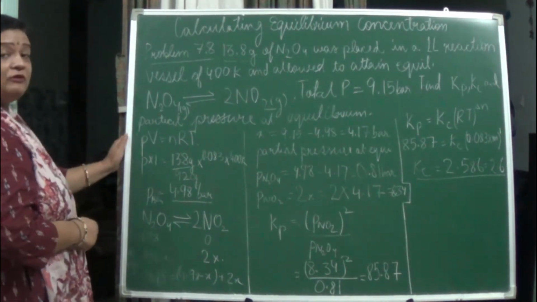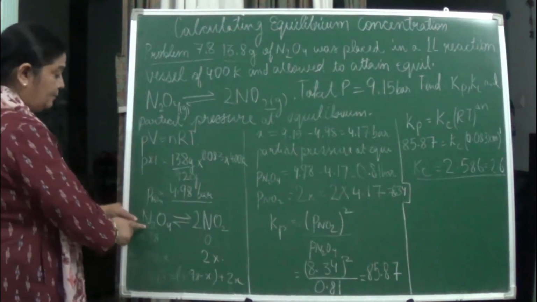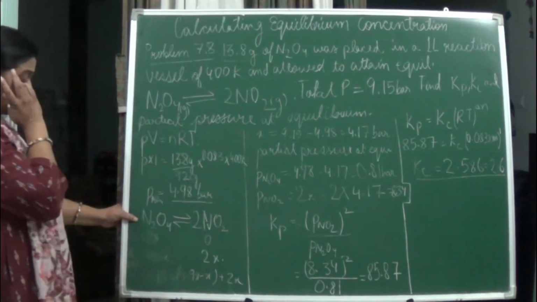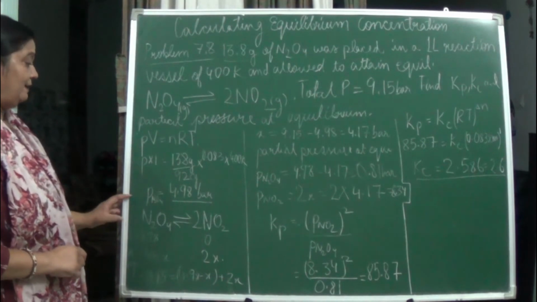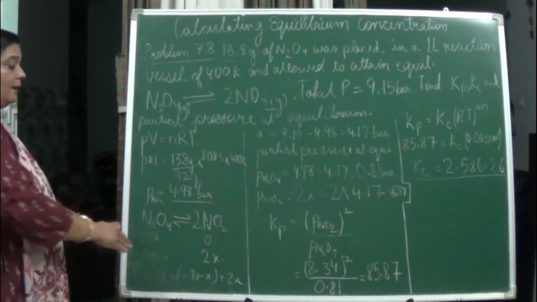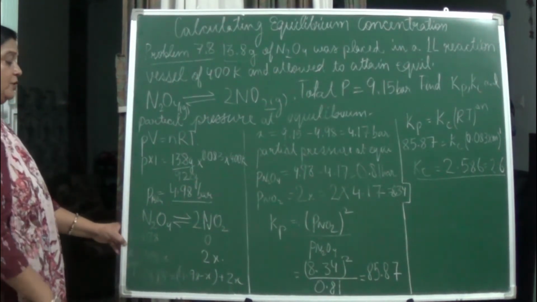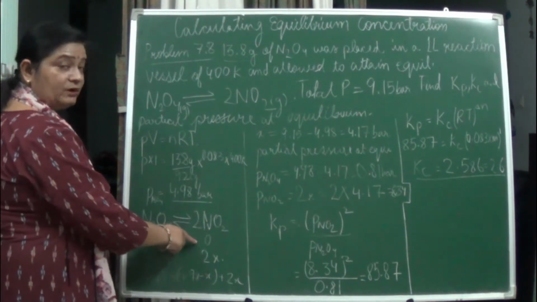Now we will be seeing the equilibrium position. In the equilibrium position, N2O4 equilibrium sign 2NO2, initially the pressure was 4.98 bar. Now what happens at equilibrium? Some amount of NO2 has been formed. NO2 initially will be 0.